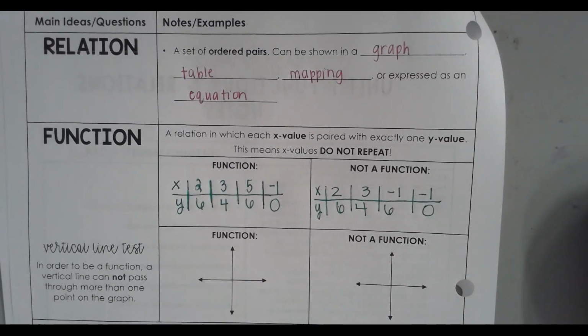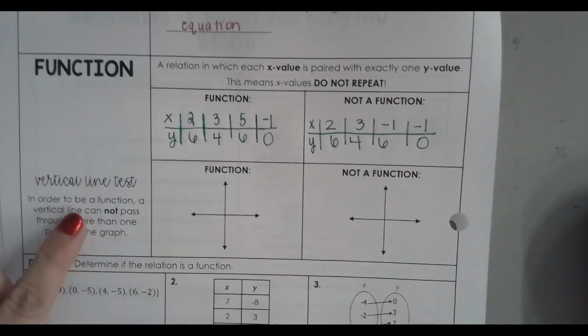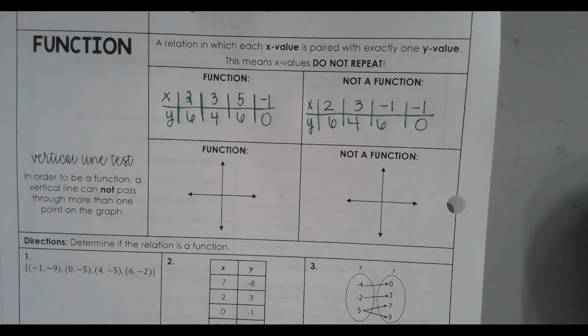It's easiest to tell if it's a function or not a function if you have a table. When you have a graph, there's something called the vertical line test. So for example, let me draw a graph that would be a function.